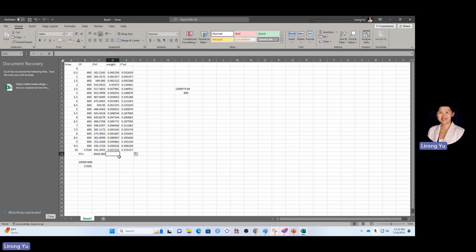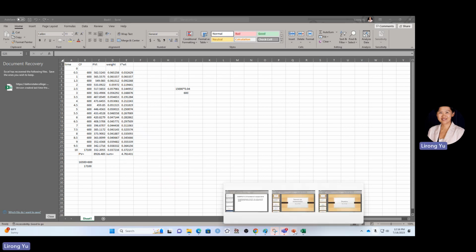And here we're going to find the summation of them. That's our Macaulay duration. So we're going to add from E3 to E22. That Macaulay duration is a little less than 5.